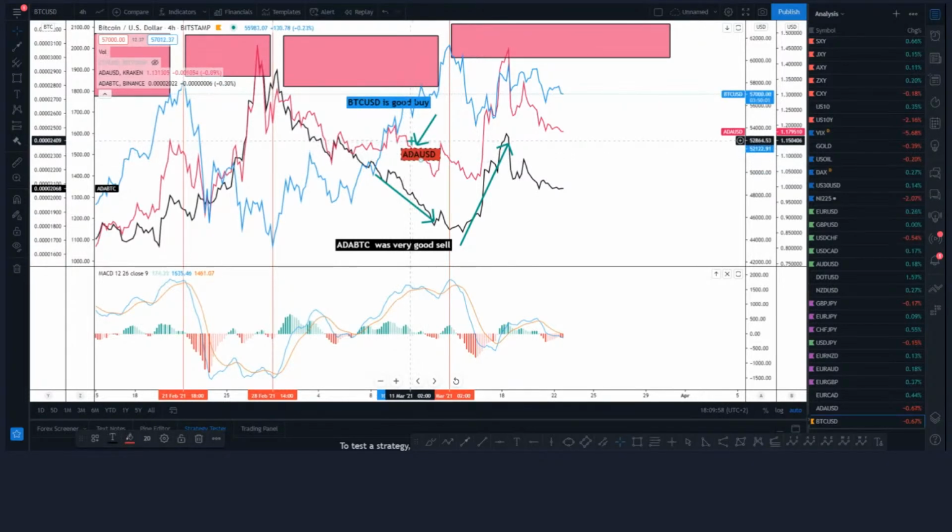But I want to grab your attention to something. The Bitcoin from here, it moved from 54,000 to 60,000, 6,000 points, okay? You can compare this as probably like 5% or something.